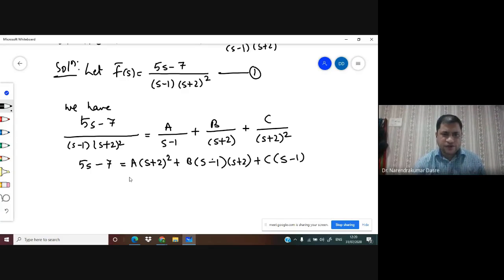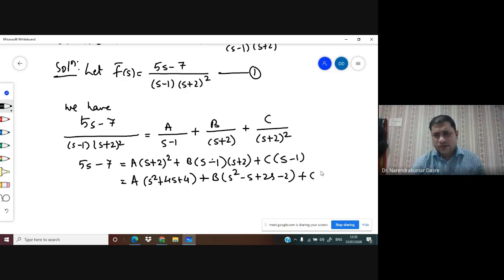So we can have A into (s square plus 4s plus 4) plus B into (s square minus s plus 2s minus 2), and C into (s minus 1).